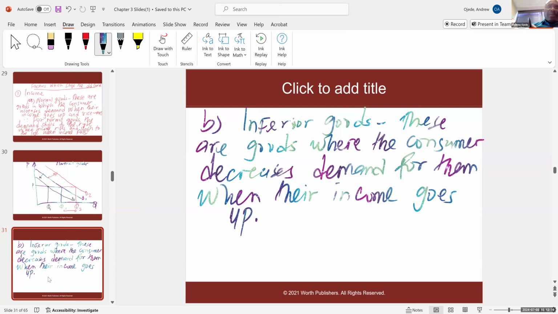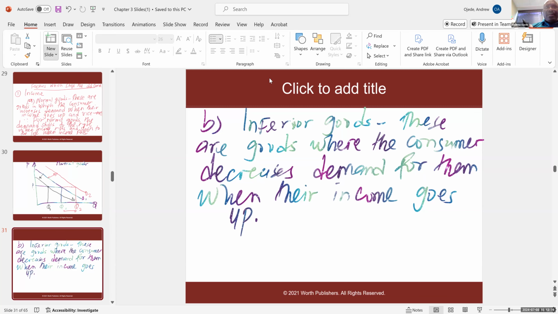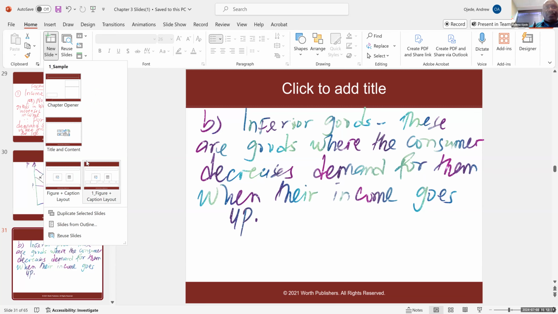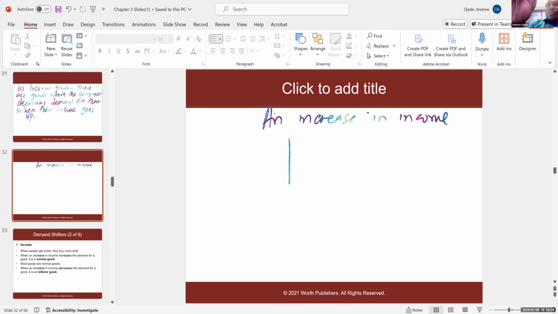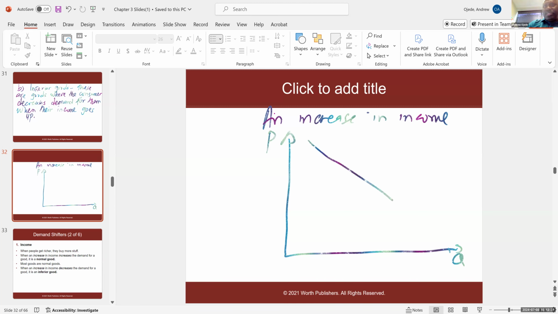So for inferior goods, we can represent that with a diagram. For an increase in income, this is what your inferior good demand will look like. This is my P, this is Q. Let's say this is D1, this is P1, and Q1.